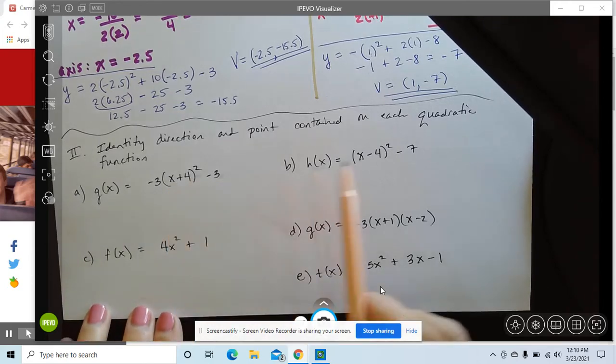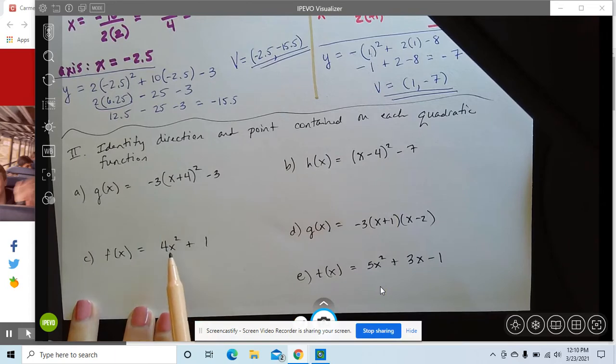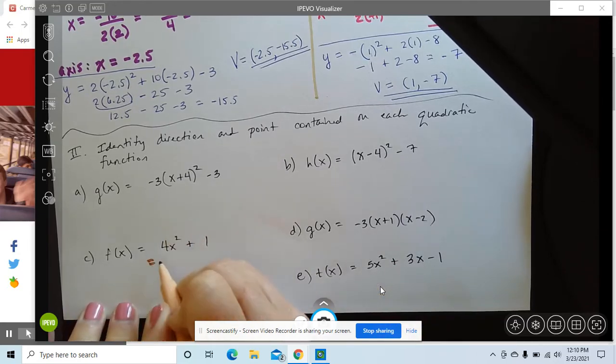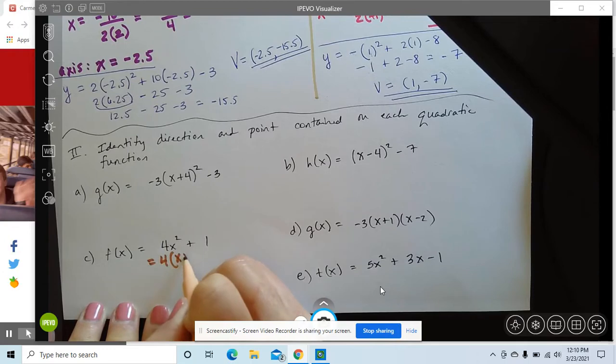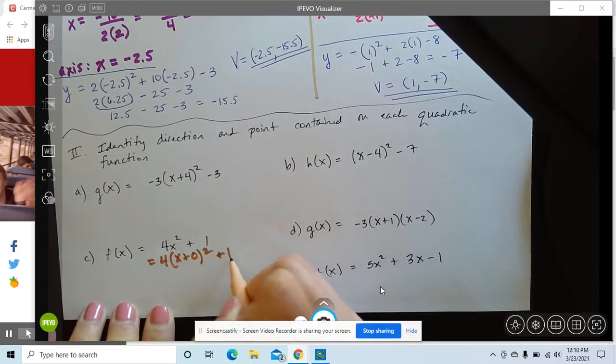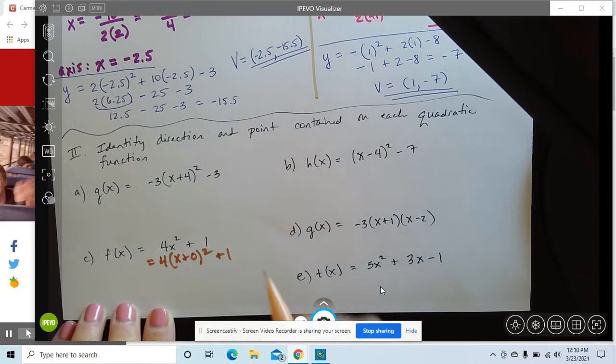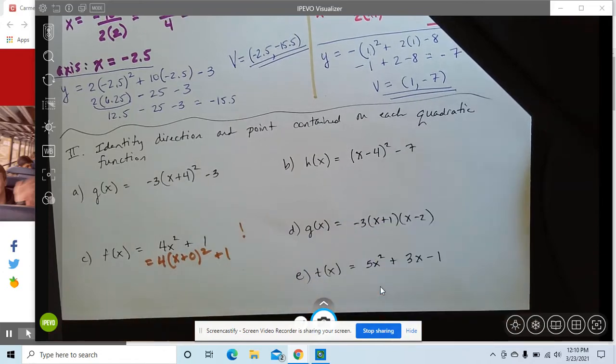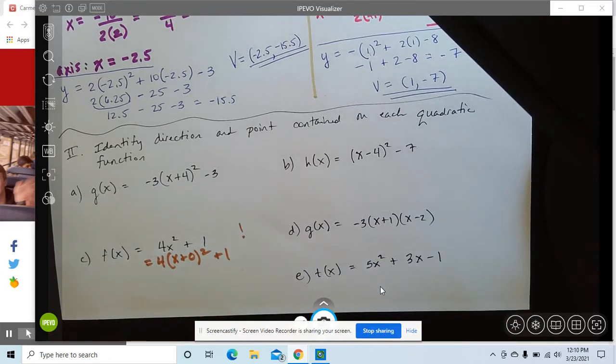This is vertex form. This is vertex form. This is standard or vertex form. This is factored. This is for sure standard. This could be the same as 4 times x plus 0 squared. What? So that is vertex form. Tricky. All right, here we go.